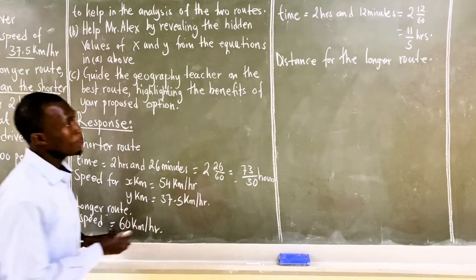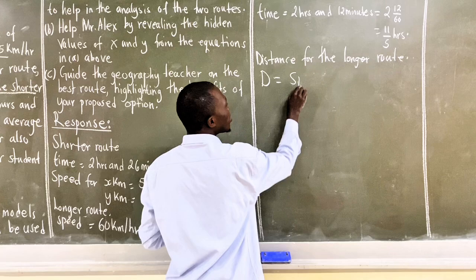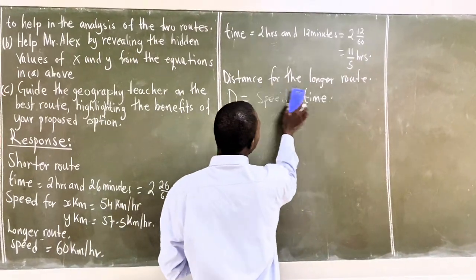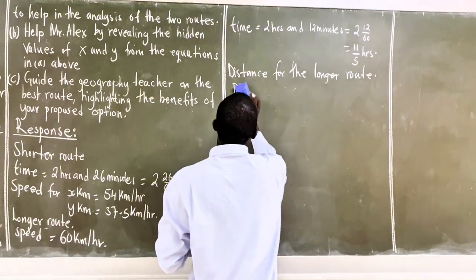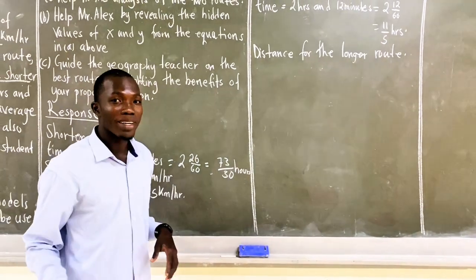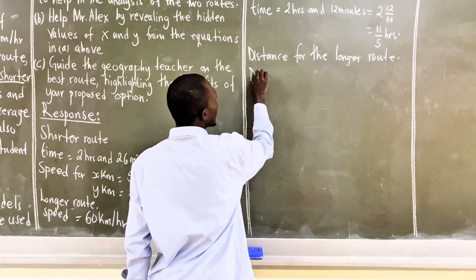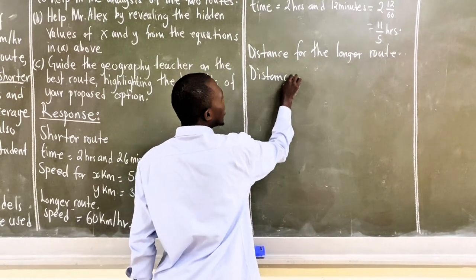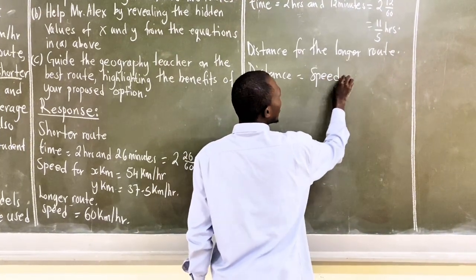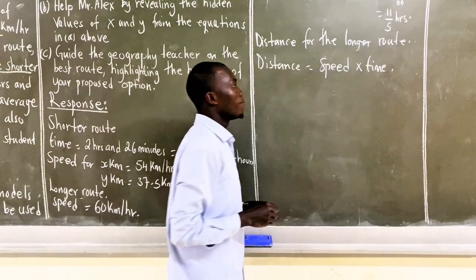Remember, distance is given by speed multiplied by time.